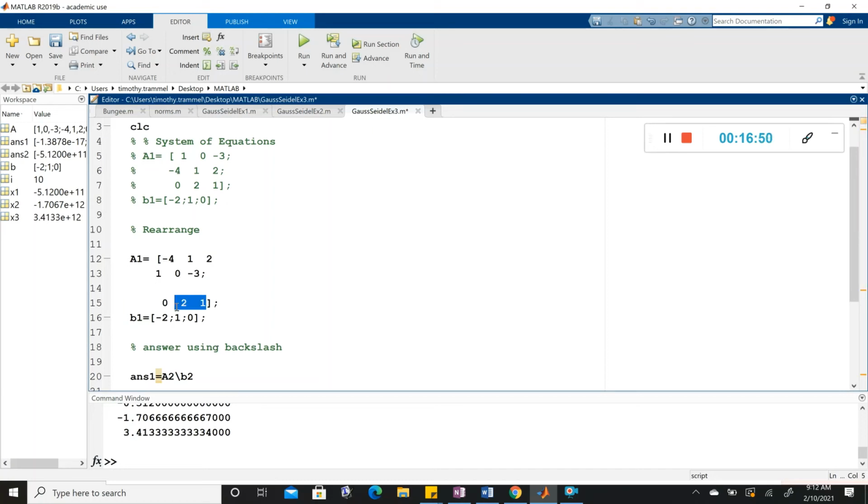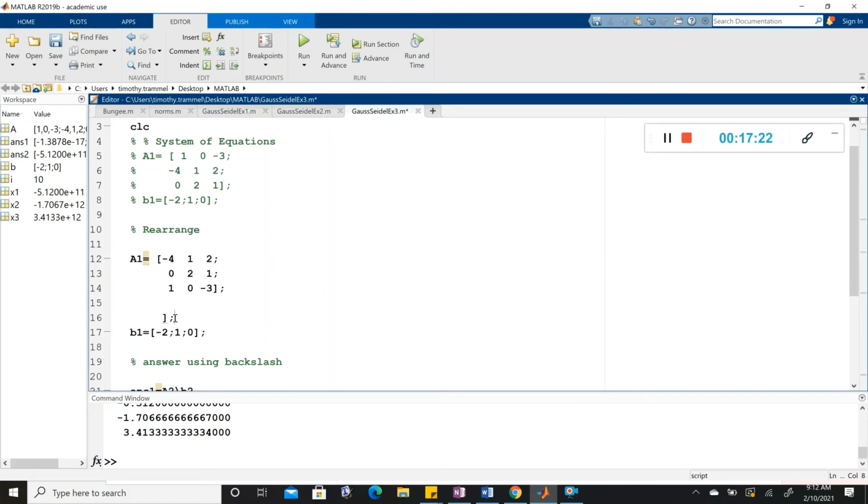And the 2, if this was in row 2, then this 2 would be bigger than everything in its equation, and it's on the diagonal. And then finally, the absolute value of -3, this is now bigger than everything in its equation. The only other thing we want to do here is maybe put in our semicolons and our bracket.